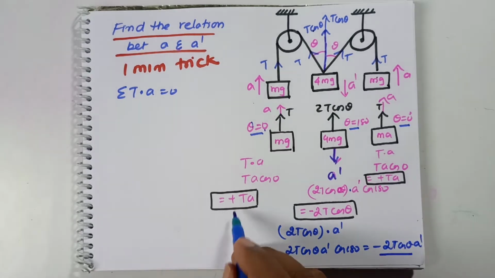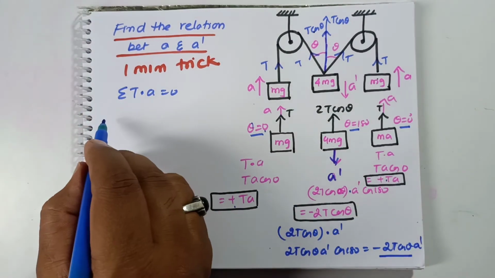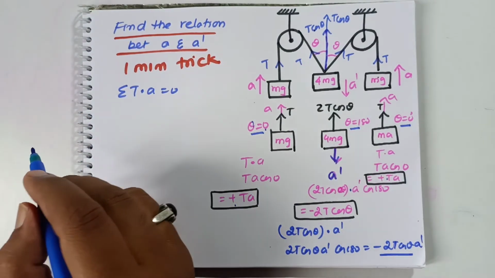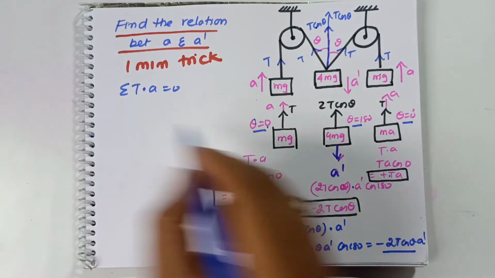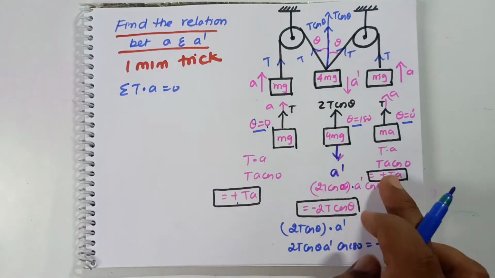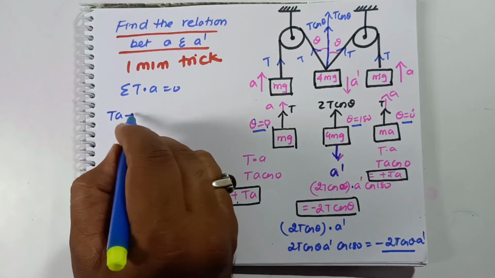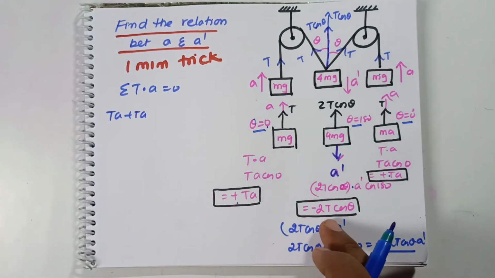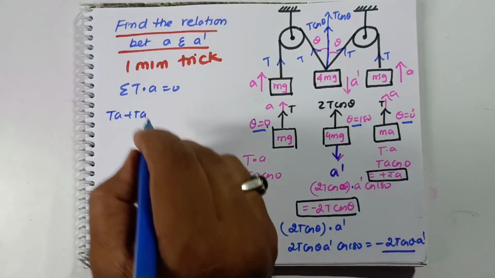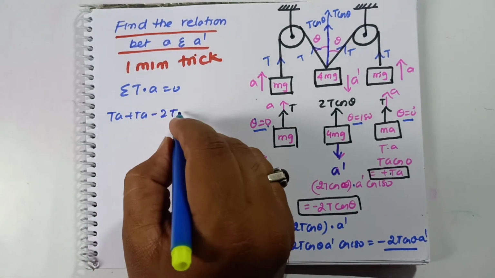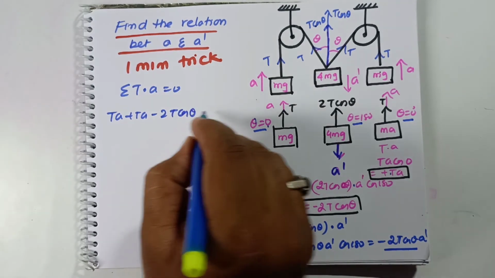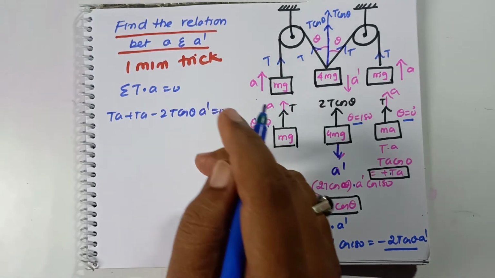So this value and this value, if you substitute here, how much are you going to get? Let us see. So here TA and TA, you write like that, TA plus TA, and this is going to be minus 2T cos theta into A dash is equal to 0.